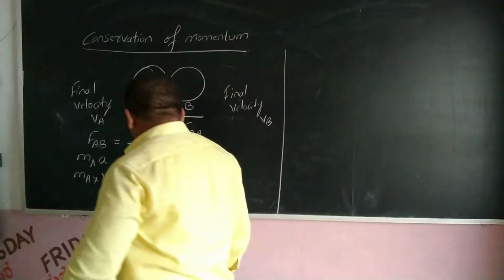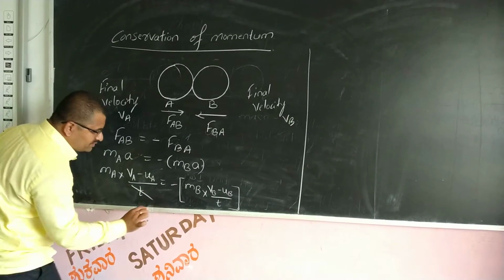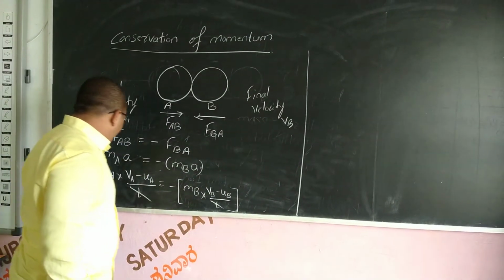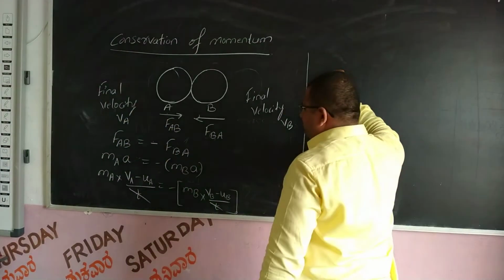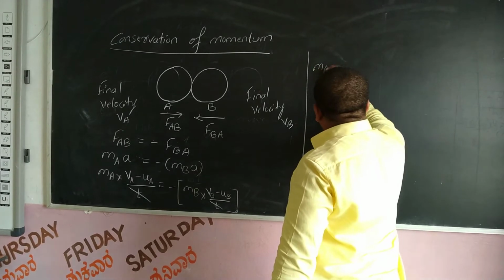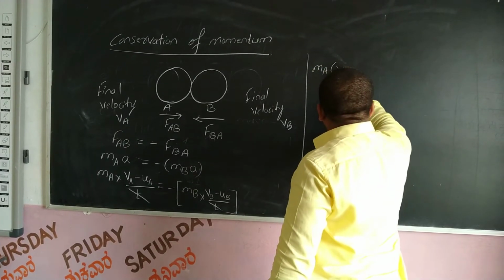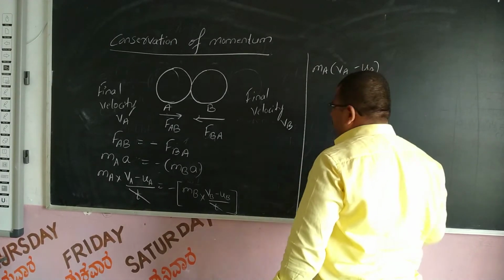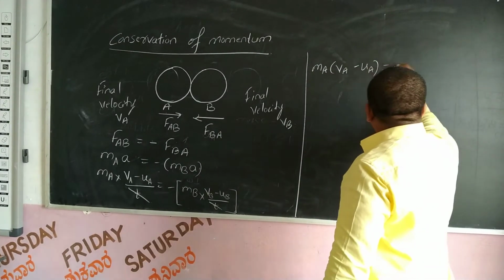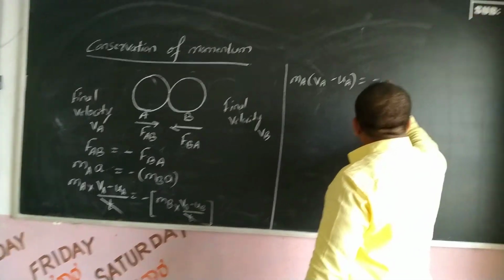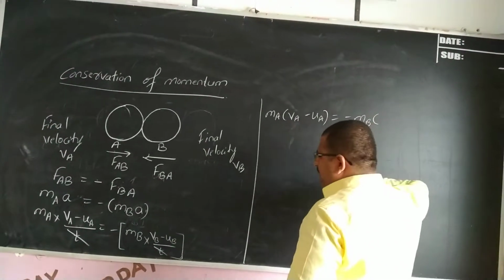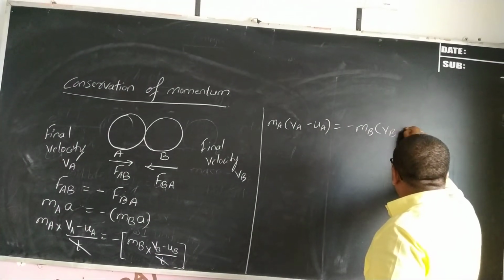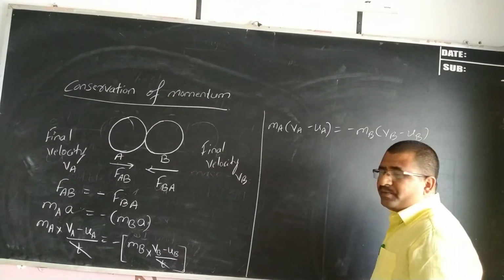The time factor cancels on both sides, and it becomes mA into (vA minus uA) equals minus mB into (vB minus uB).